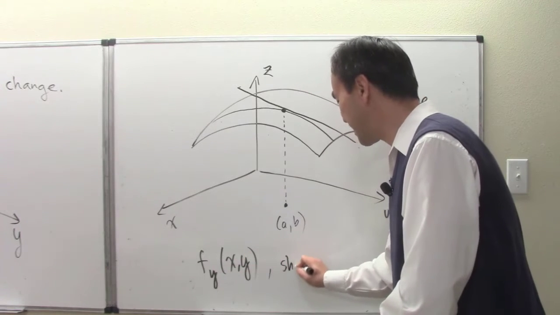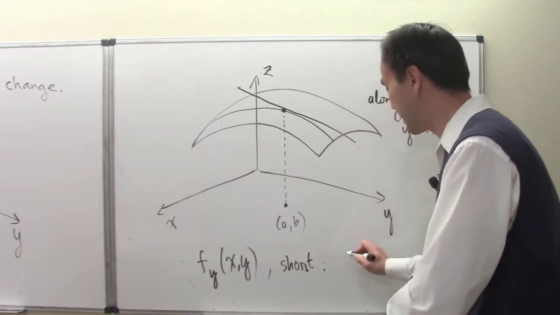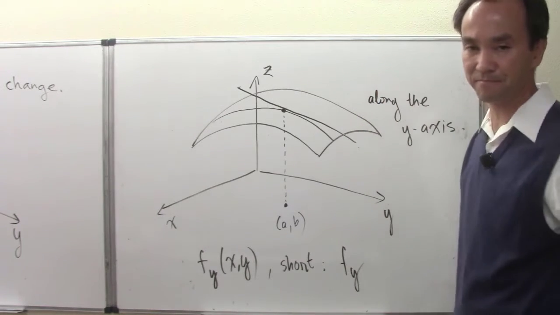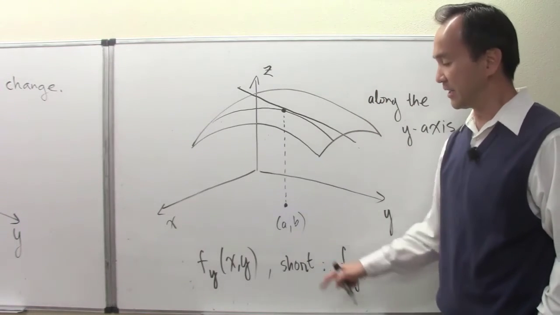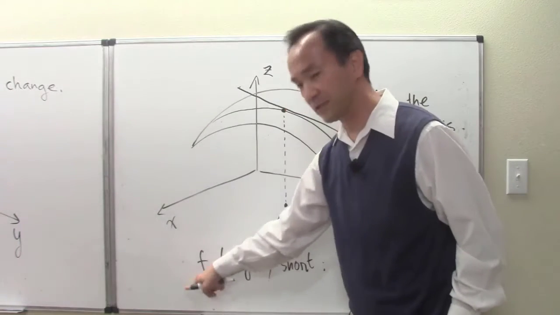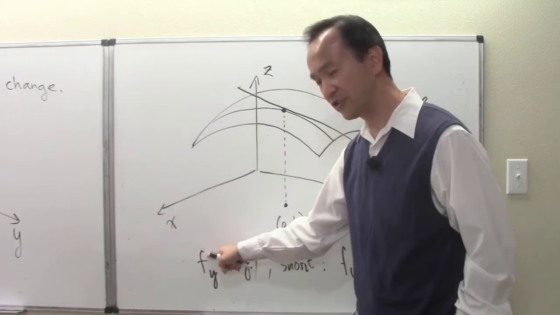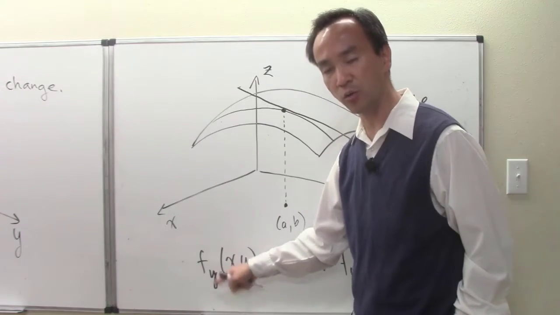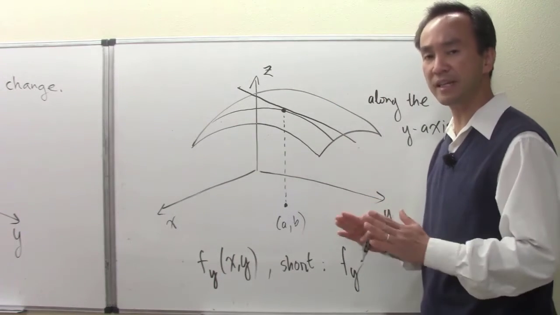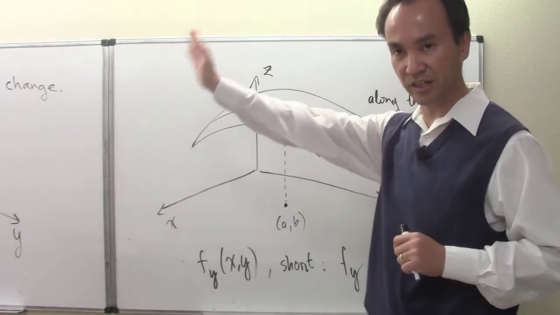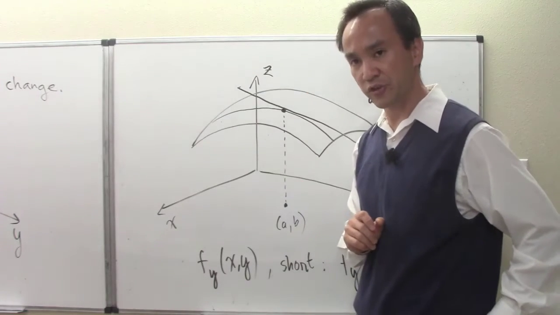The short version is just f sub y. This is called the partial derivative of the function f in respect to y, or along the y-axis. The meaning is exactly similar to the f sub x I introduced earlier.